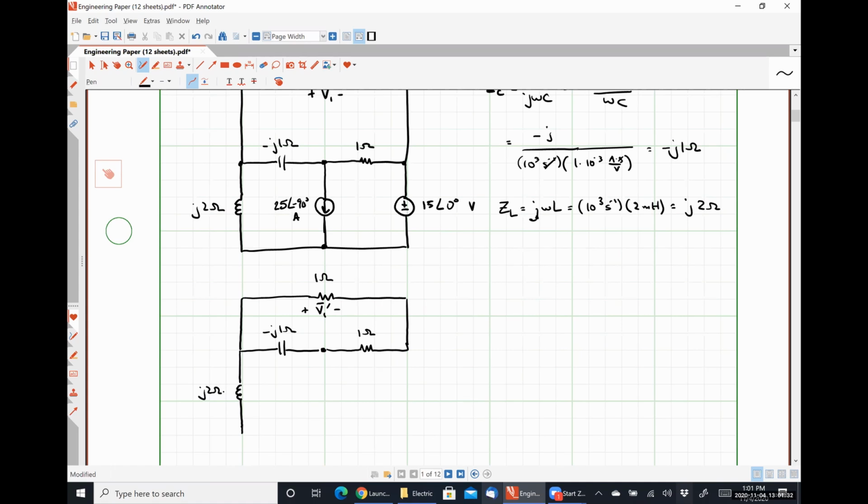What's going to happen if we're working with the voltage source on, current source off? What's going to happen to our current source? Open circuit. So our voltage source is going to stay on.